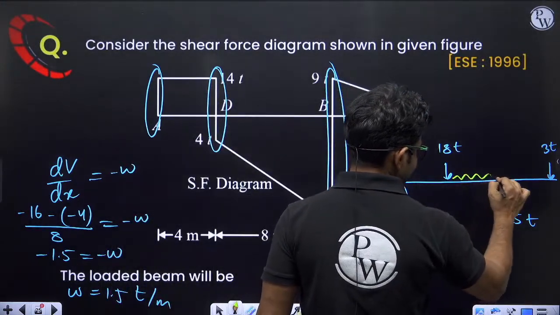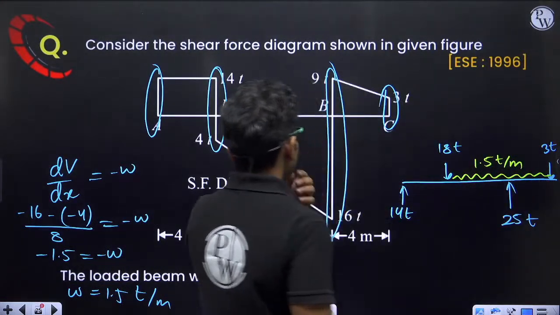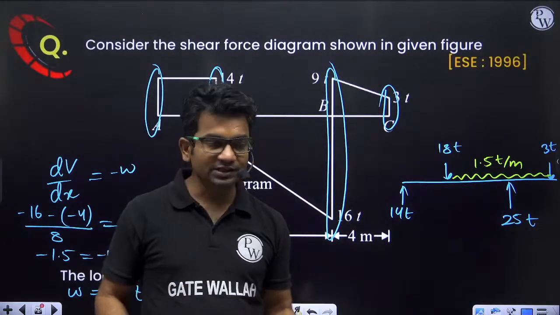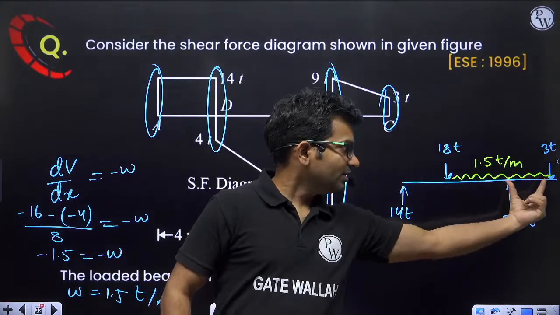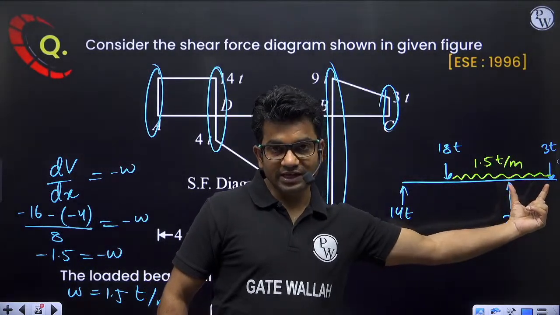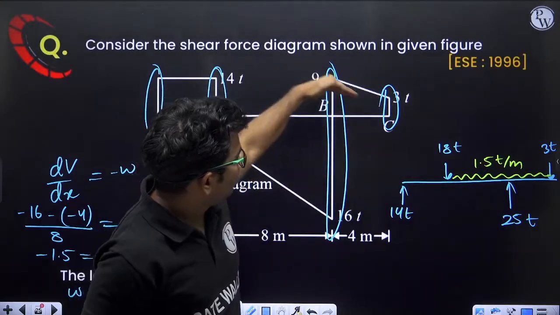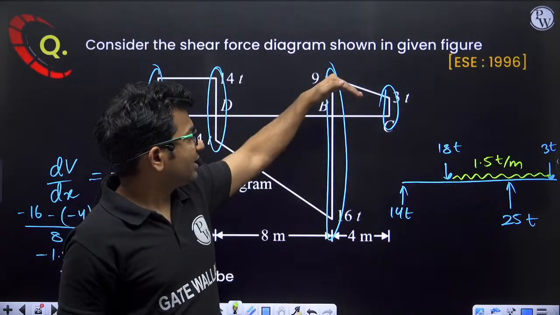So UDL is acting throughout, and the value is 1.5 ton per meter. Okay, let us calculate what is the magnitude of UDL here also, because in some cases it might happen that different magnitude of UDL is acting here and different magnitude of UDL is acting here. If slope of this line is same, then same value of UDL. If slope is different, then different value.